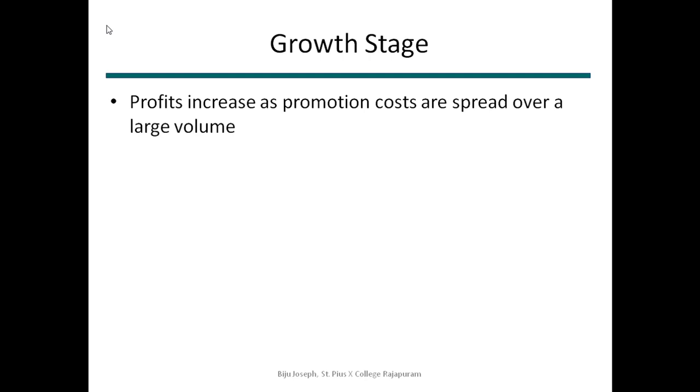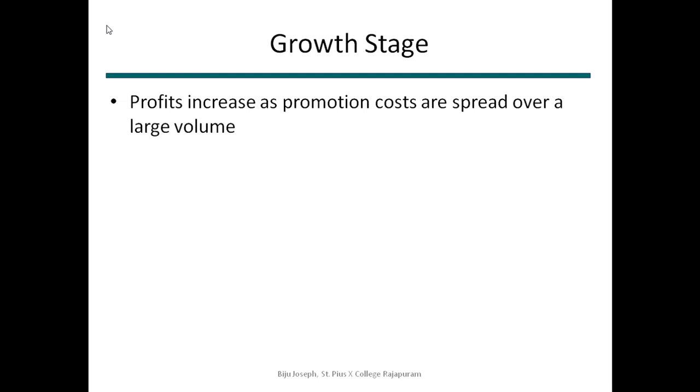Assume that you are able to increase your sales to 2 lakh units per month, and you continue promotion as during the previous period. So you are having a promotional cost of 1 lakh and you are producing 2 lakh units.